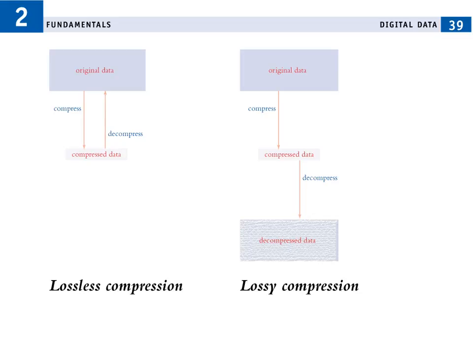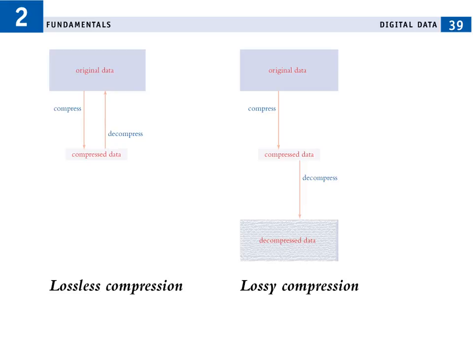So for lossless compression, your original data is compressed into a small data volume, and you can decompress it into the original data with no information loss. That is called lossless. For lossy compression, your original data is compressed into compressed data, but in this step some information is lost.